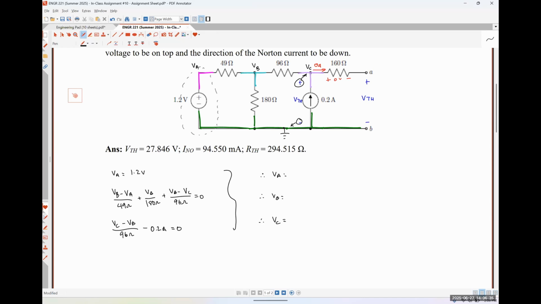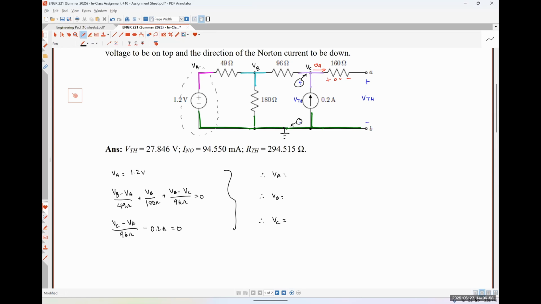In my second equation, my coefficient for VA is negative 1 over 49. My coefficient for VB is positive 1 over 49, plus 1 over 180, plus 1 over 96. And my coefficient for VC is negative 1 over 96. My constant term is 0.